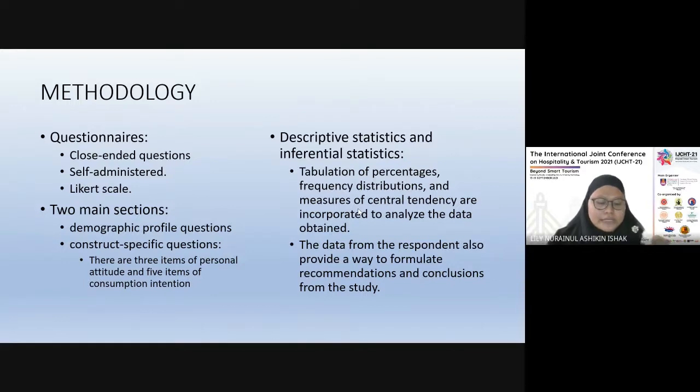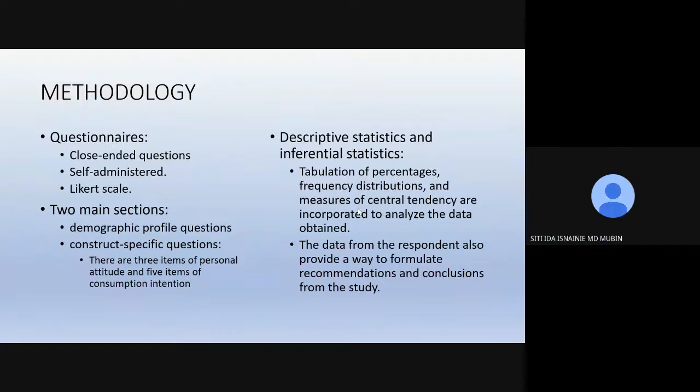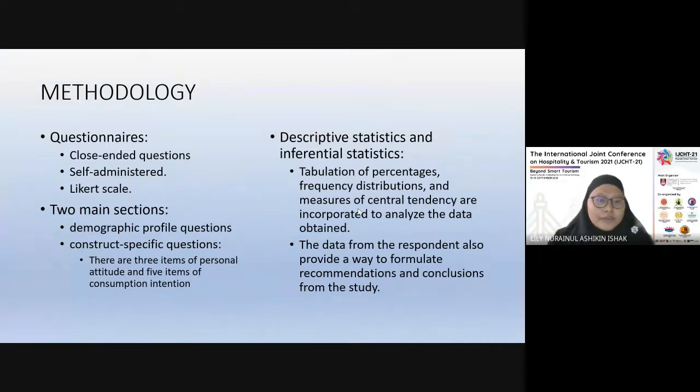The questionnaire is divided into two main sections: the demographic profile questions and the construct-specific questions. The construct-specific questions consist of 3 items on personal attitude and 5 items on consumption intention. We used a Likert scale for our questionnaire.